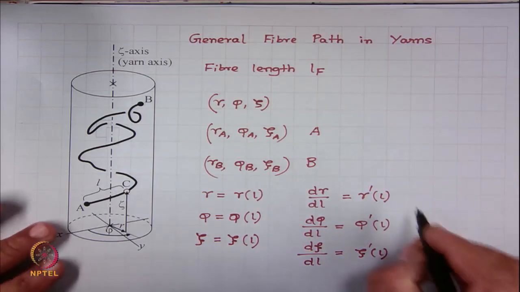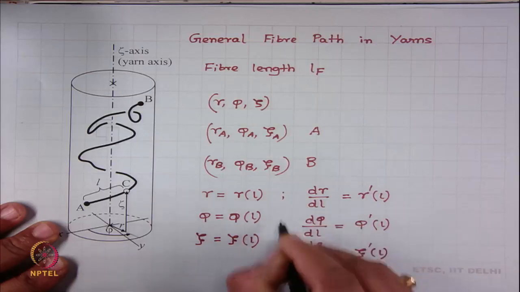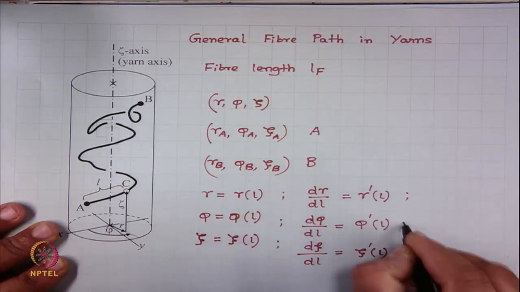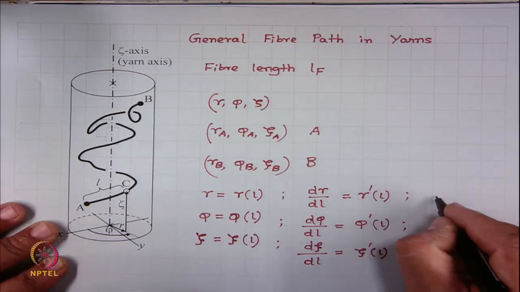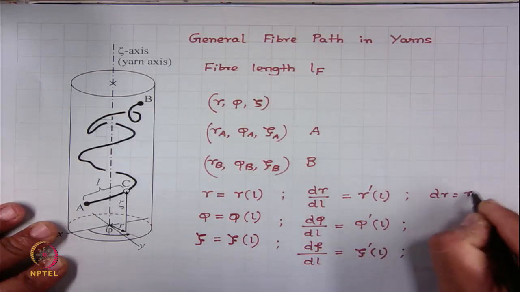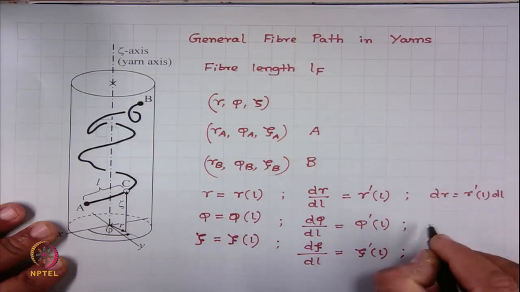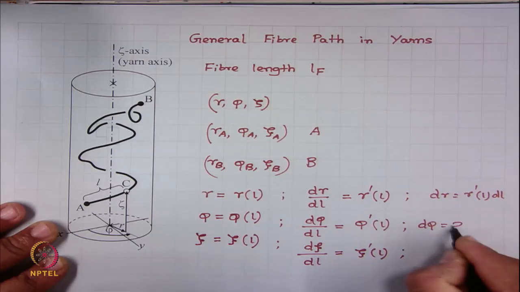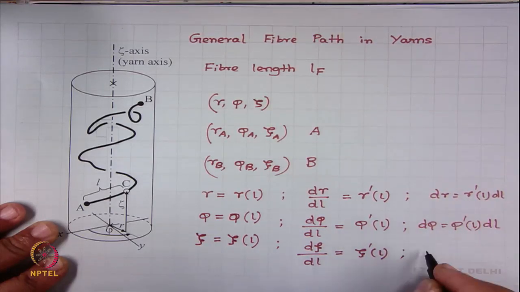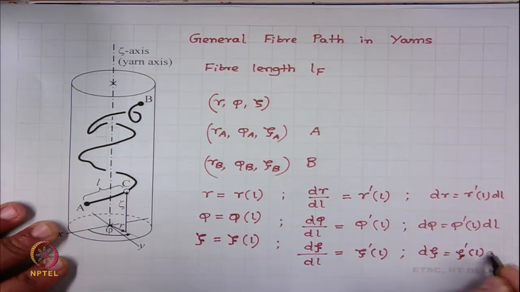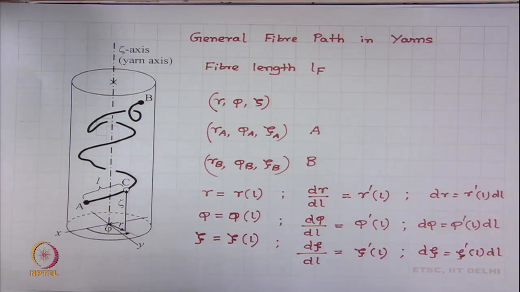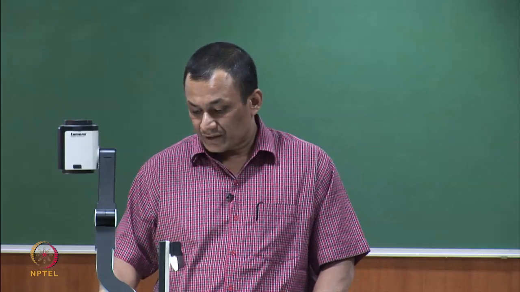So, dr, d phi and d zeta are each the derivative multiplied by dL. These three differential functions can be used to obtain the fiber path.